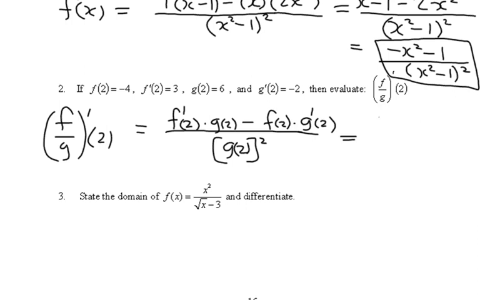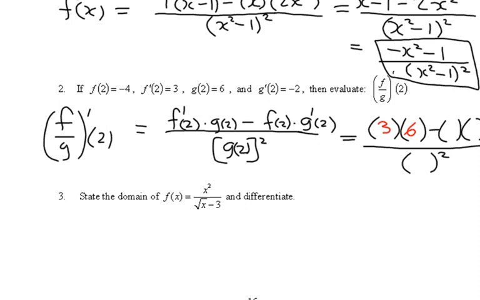All right, so each one of these was given, right? So if we use that as a template and then just put in exactly what we were given, f prime of 2 was given as 3. g of 2 was given as 6.